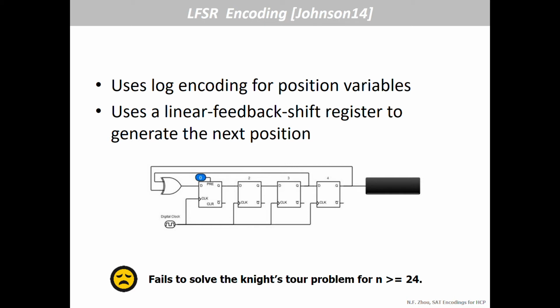Recently, Andrew Johnson proposed an encoding called LFSR encoding, which is very compact, uses log encoding for position variables, and uses linear feedback shift register to generate the next position. This encoding is able to solve the Knight's-Tour problem for size 22, but does not scale well.